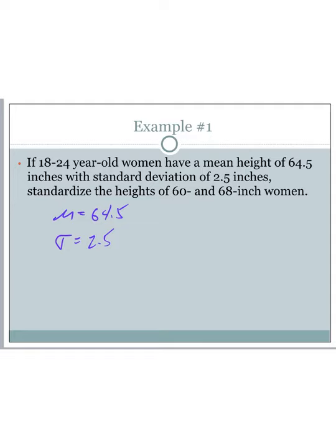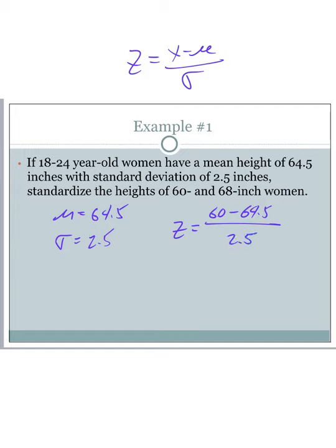So in that situation, that would be z equals 60 minus 64.5. Again, we're using this formula now. Divided by 2.5. Sorry, that's 64. And so we would then have a z-score there of negative 1.8. So that woman is 1.8 standard deviations below the mean.